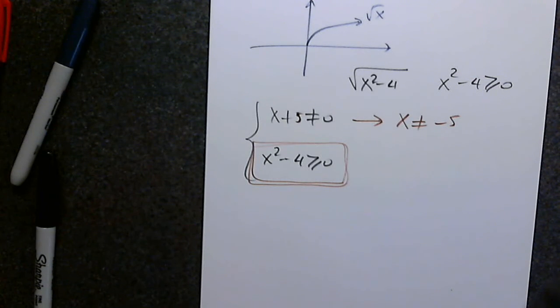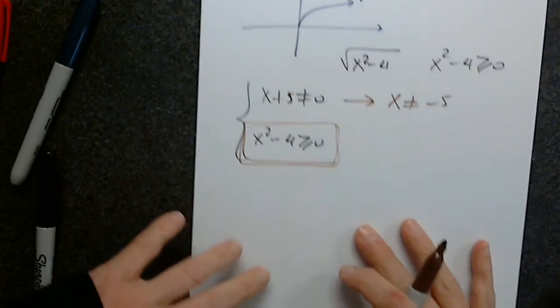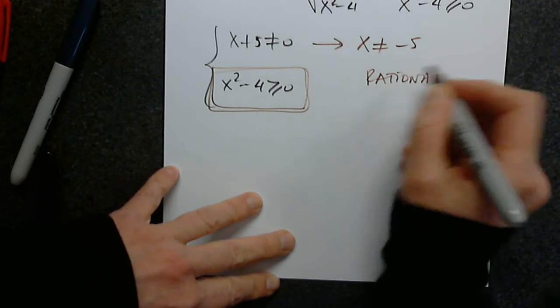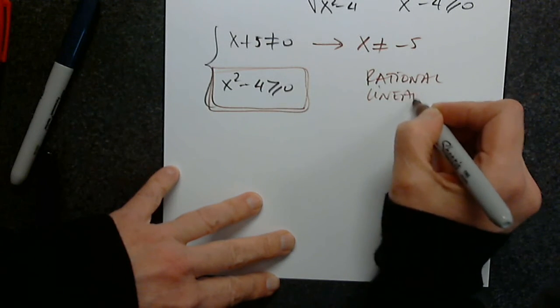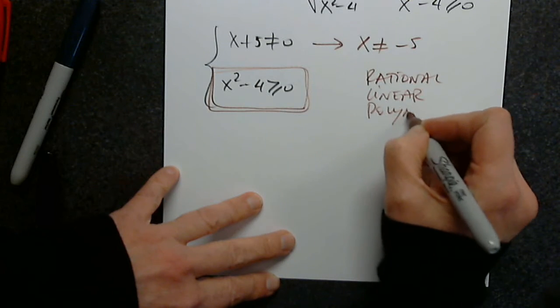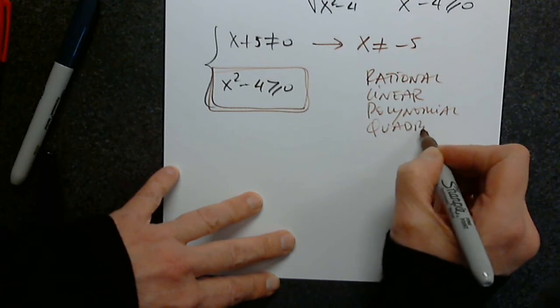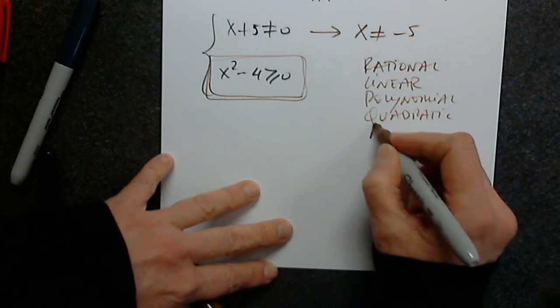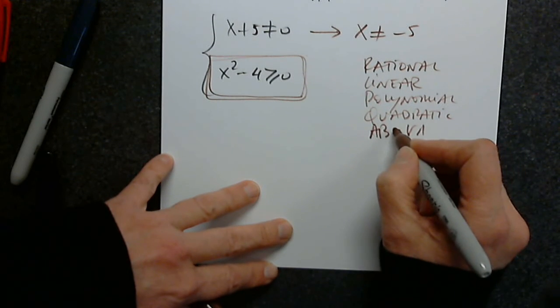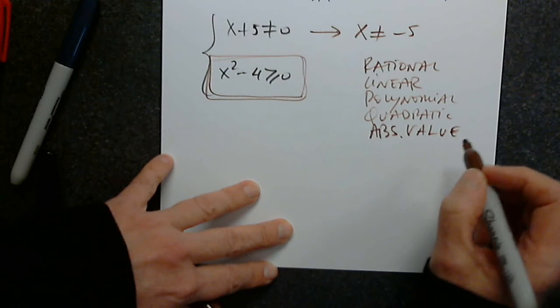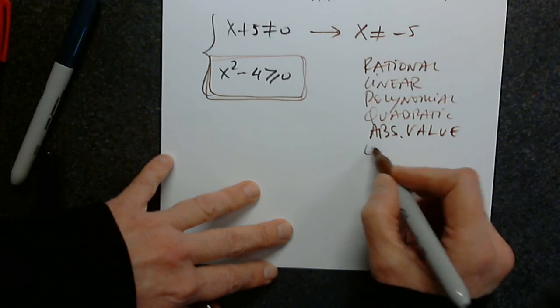Oh, okay, let me list a few and you'll tell me what type of inequality it is. Rational, linear, polynomial, quadratic, absolute value, exponential.